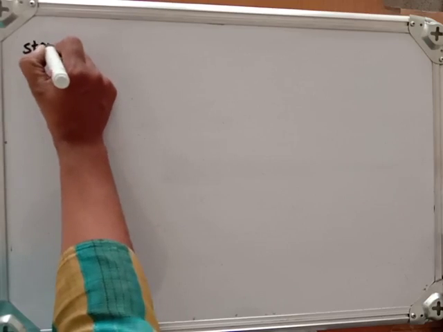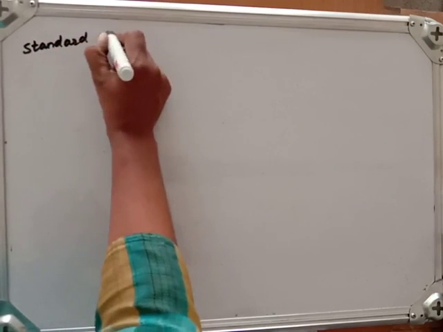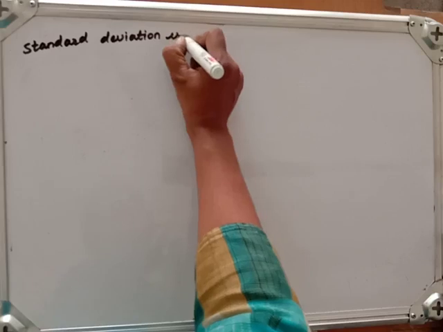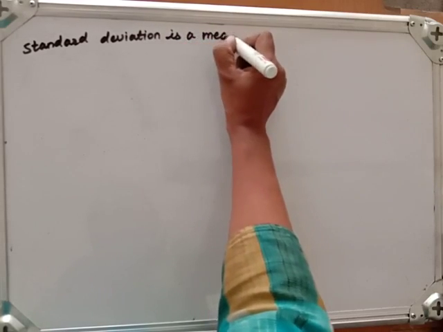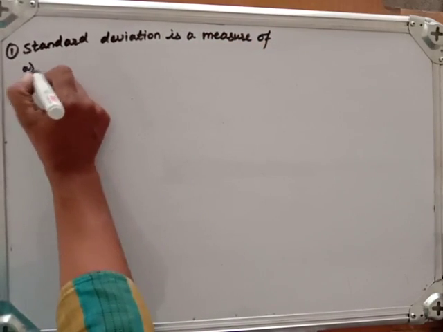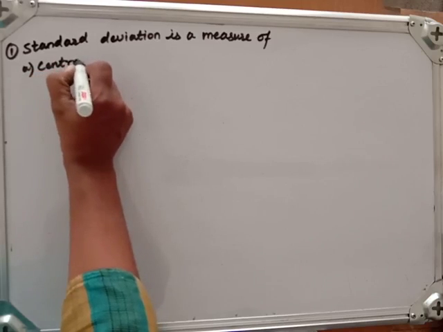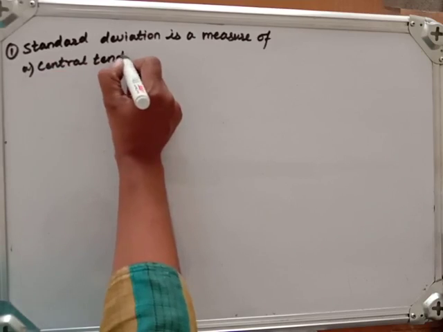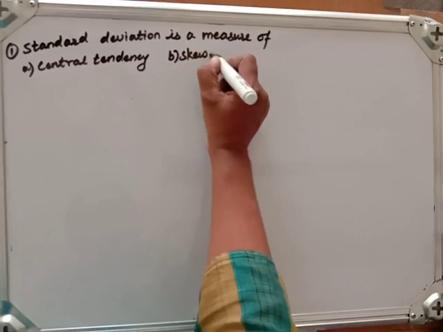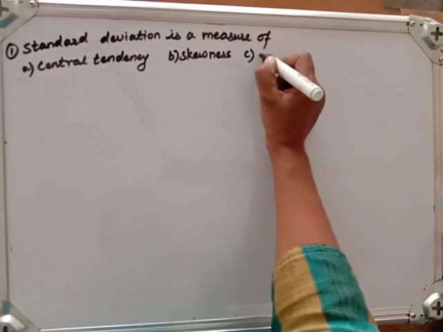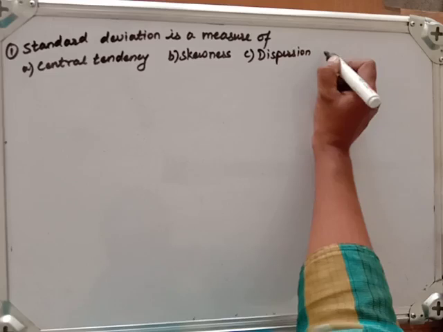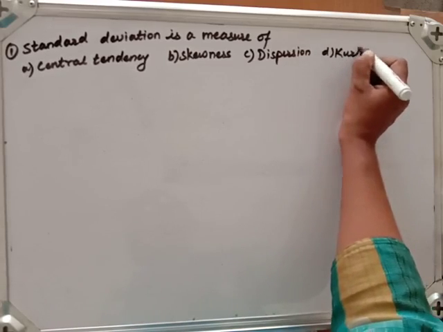So we can ask the question as: the standard deviation is a measure of, now the options are, suppose first central tendency, second option is skewness, third option is dispersion, and fourth option is kurtosis.